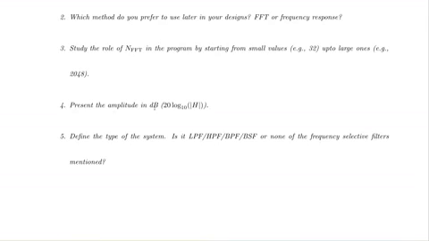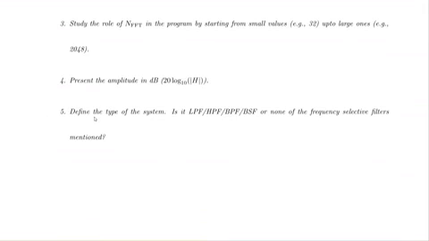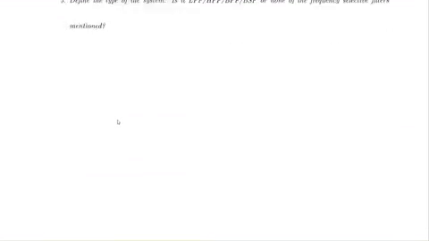Present the amplitude in dB, 20 times log 10 of abs of H. Define the type of the system. Is it low pass, high pass, band pass, or band stop filter, or none of them?